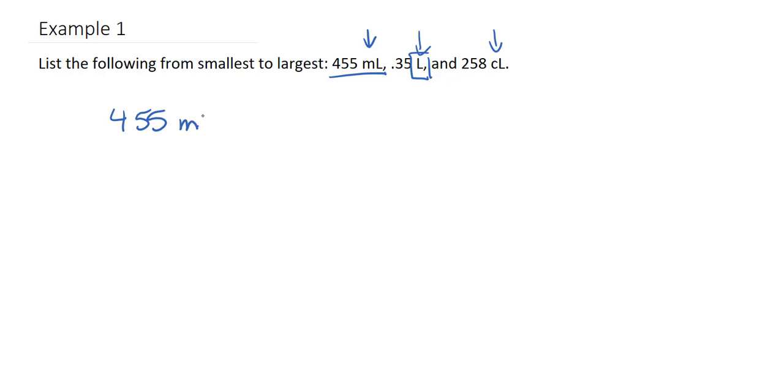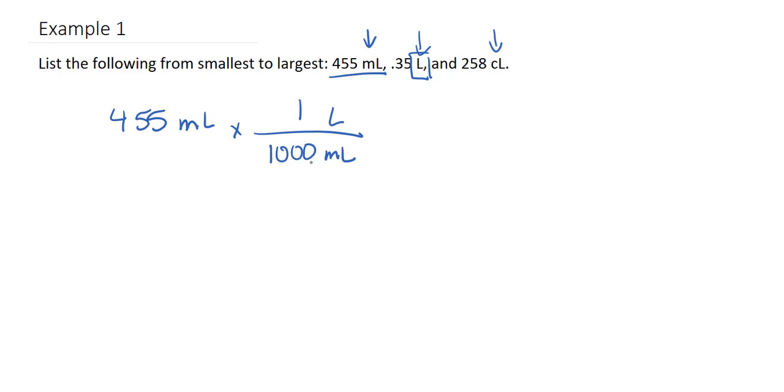So we have 455 milliliters. We need to get rid of milliliters and convert it into liters. Sometimes I like to ask myself, is a liter larger or a milliliter larger? Well, the liter is a lot larger. We need 1,000 milliliters to equal a whole liter.